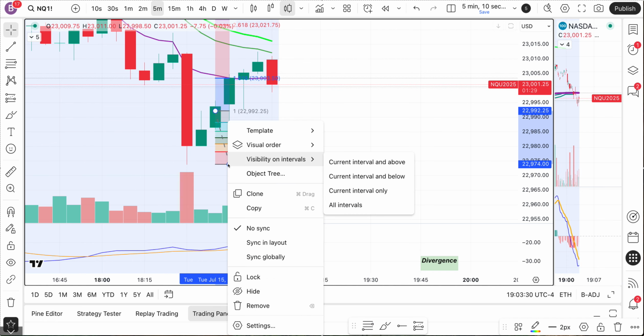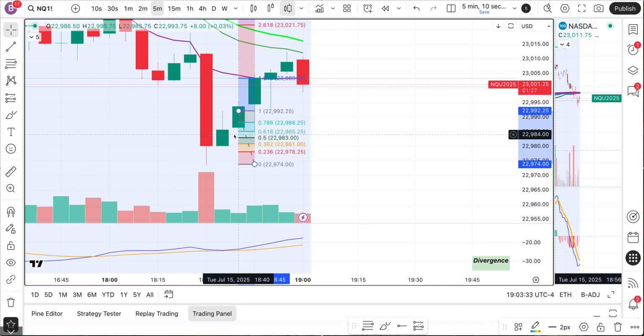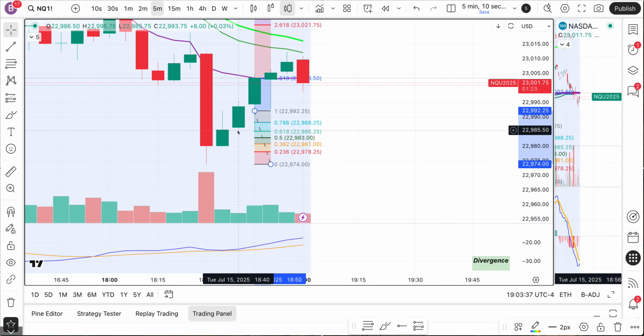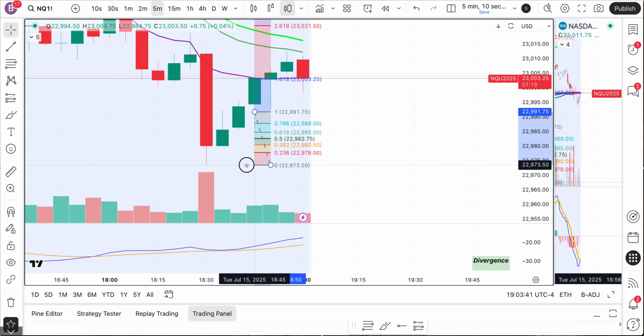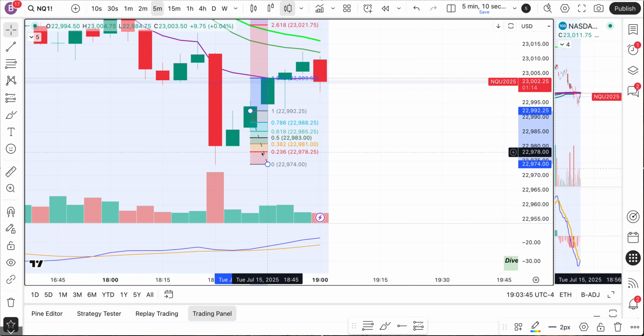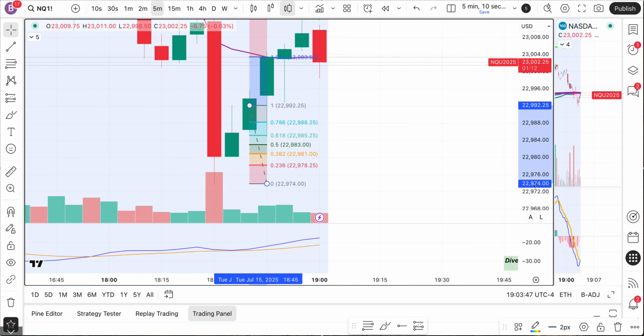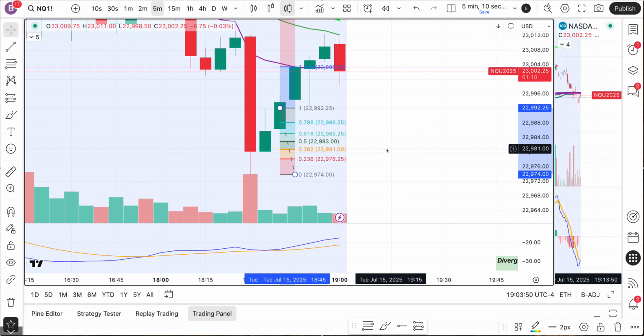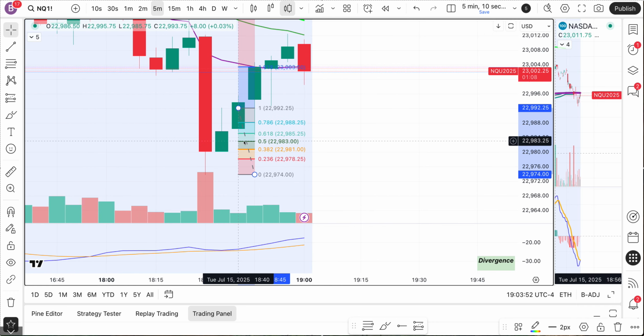Okay, in this case, it didn't make it down to 50%. I don't know if you can see that very well, but this candle and this wick on this next candle never made it down to the 50%. It made it down to 60%, but not 50. So that, to me, that's not good enough. I really want the best possible edge I can get with the trade. It needs to go down to 50%.